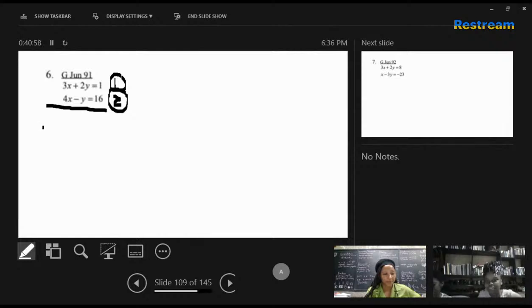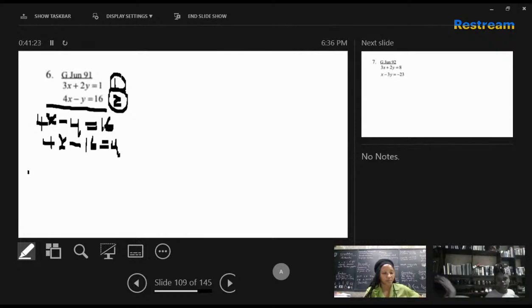Okay, miss. So, going to use the second equation. So 4x minus y equals 16. And y would be 4x minus 16. Oh yeah, that makes sense.